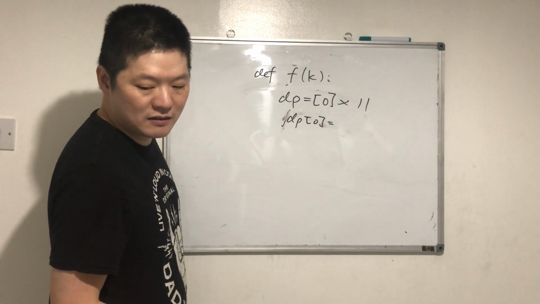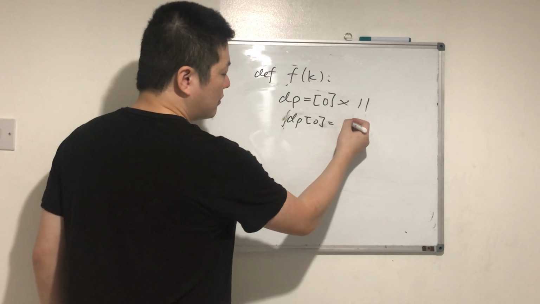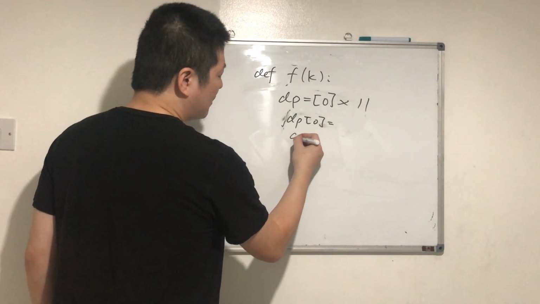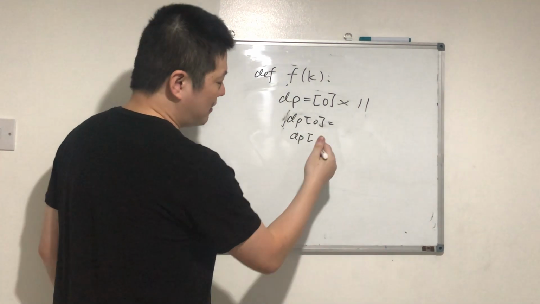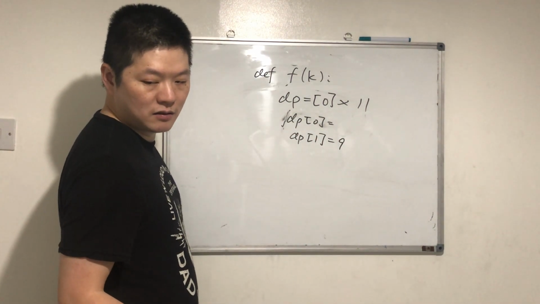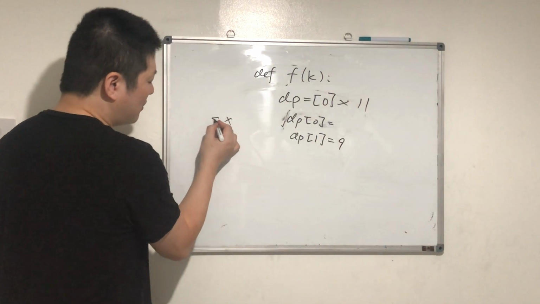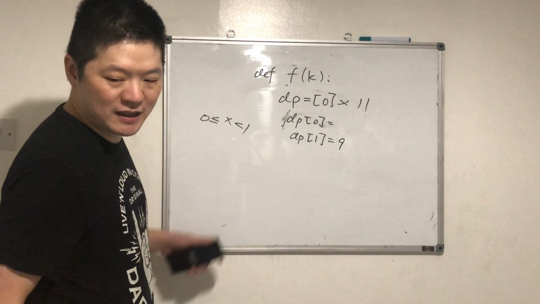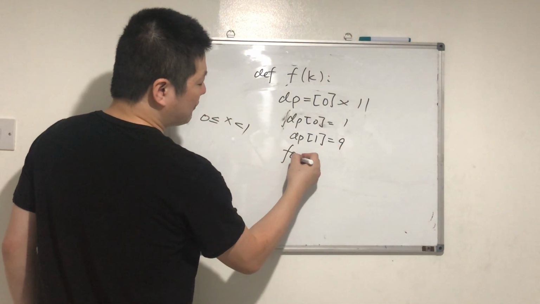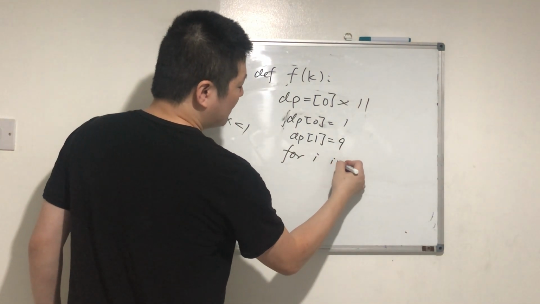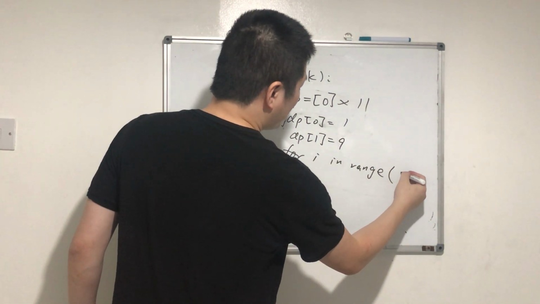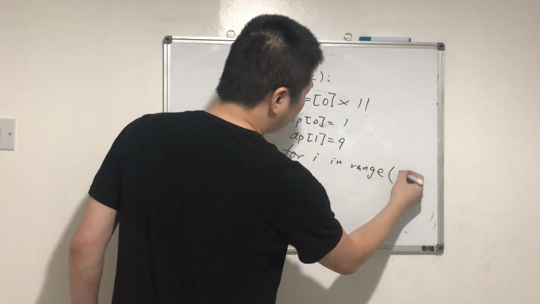The beginning is 1. Then for i in range k plus 1.